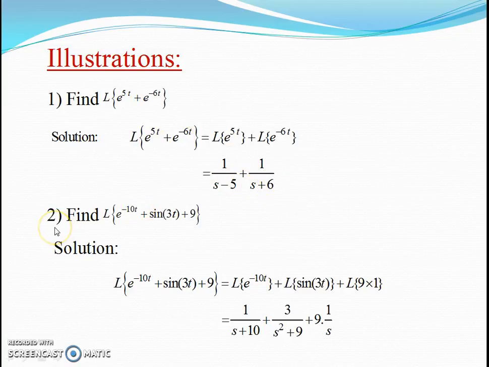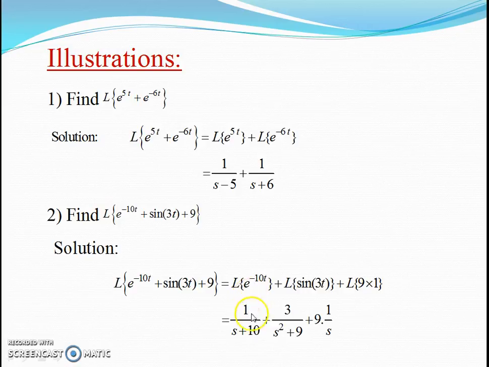Now example number 2. Find the Laplace transform of e raised to minus 10t plus sin 3t plus 9. Here the sum of 3 terms is there. Hence we separate the L operator to each term and we get Laplace transform of the given example is equal to Laplace of e raised to minus 10t plus Laplace of sin 3t plus Laplace of 9. 9 you can write as 9 into 1.